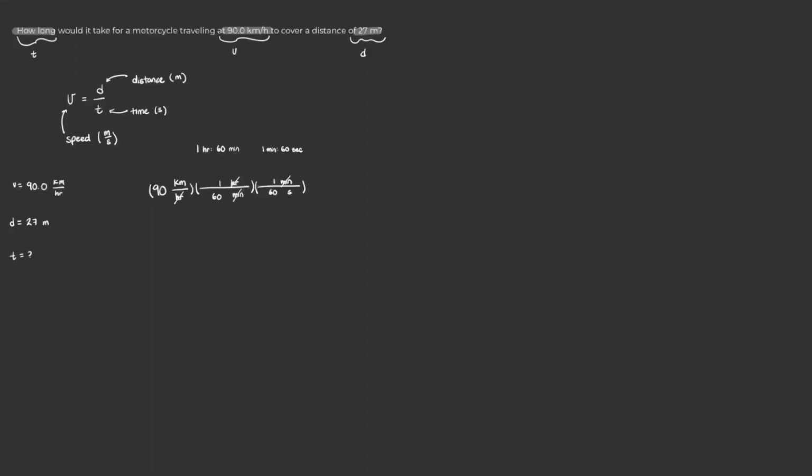Okay. So right now, if we just look at everything, we have kilometers per second. Well, we want meters per second, so let's do another ratio here. Now I'm going to ask myself, how many meters are in a kilometer? In 1 kilometer, we have 1,000 meters.